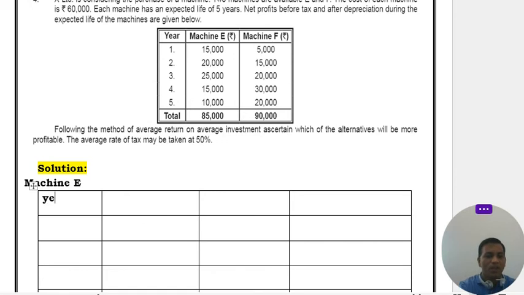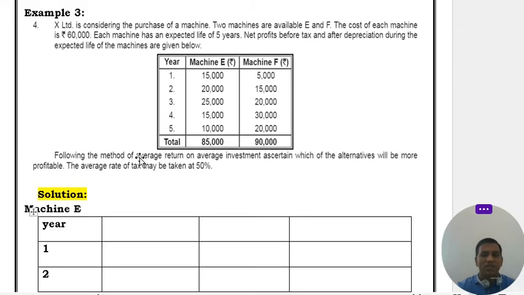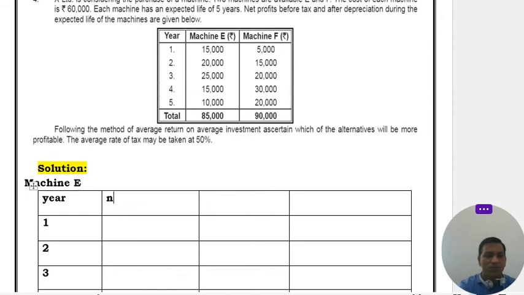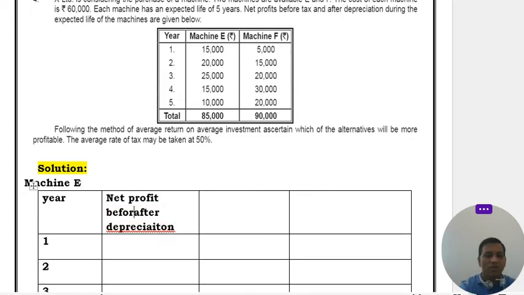Year. How many years are there? 1, 2, 3, 4, 5. And next, what is the given value? Net profit before tax after depreciation.